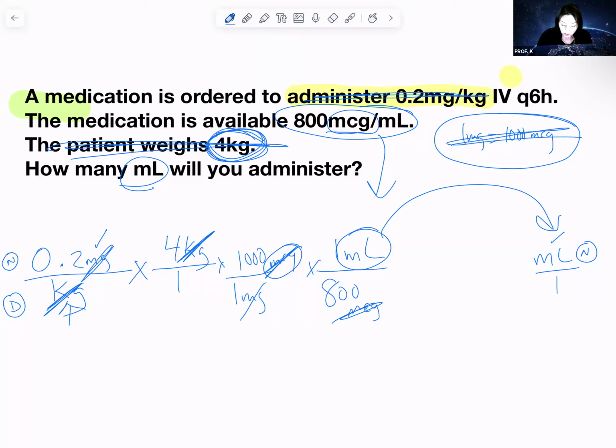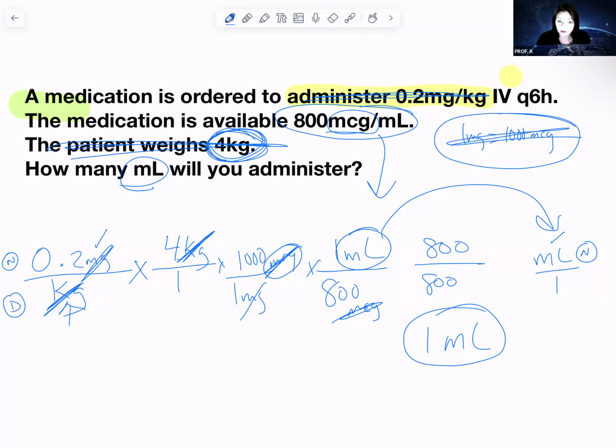Okay, so 0.2 times 4 times 1,000 times 1 will give me 800. 1 times 1 times 800 will give me 800. 800 divided into 800 is 1 milliliter. I'm going to give my patient, which is a little baby that weighs 4 kilograms, 1 milliliter.